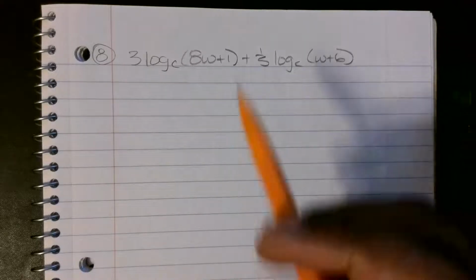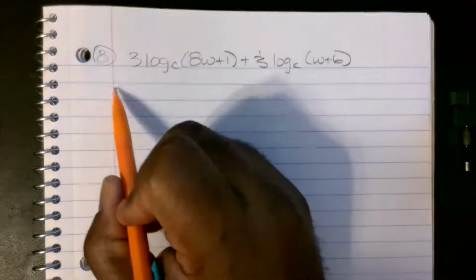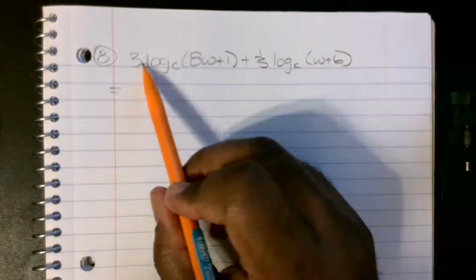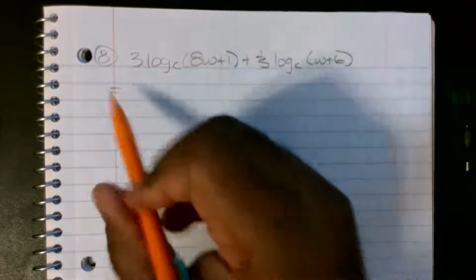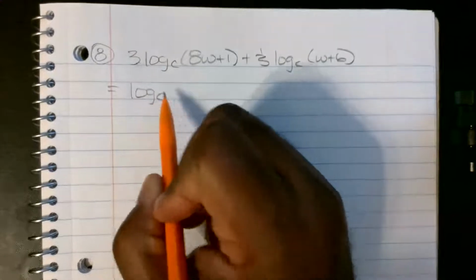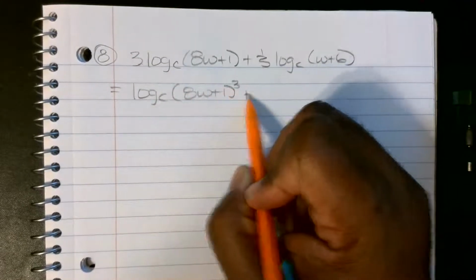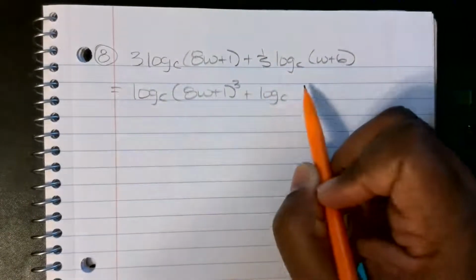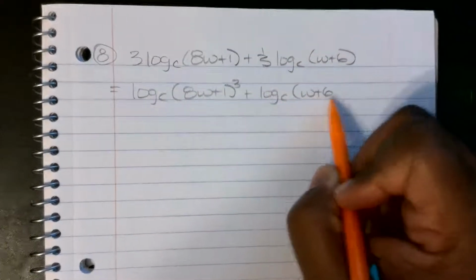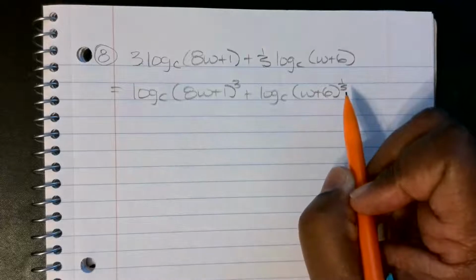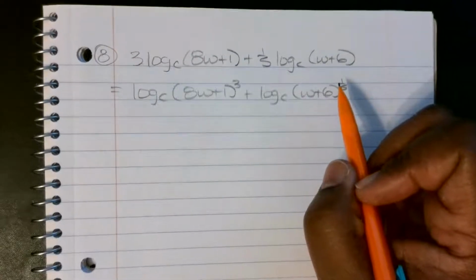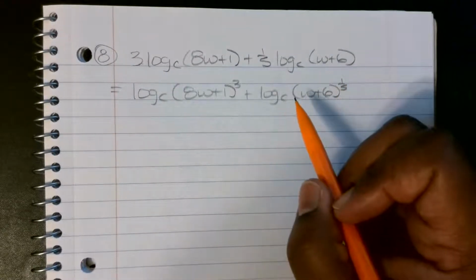So the first thing that we want to do is move our coefficients to exponents. So this is log base c of (8w plus 1) cubed, plus log base c of (w plus 6) to the 1/5. All right. From here, I'm going to combine them.